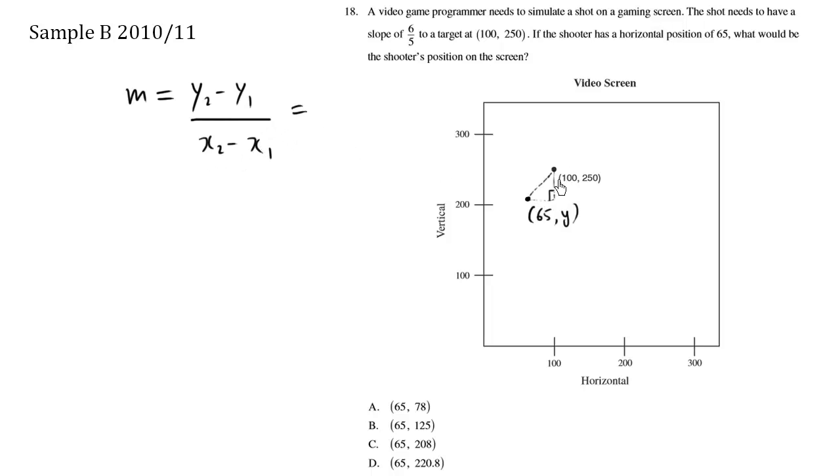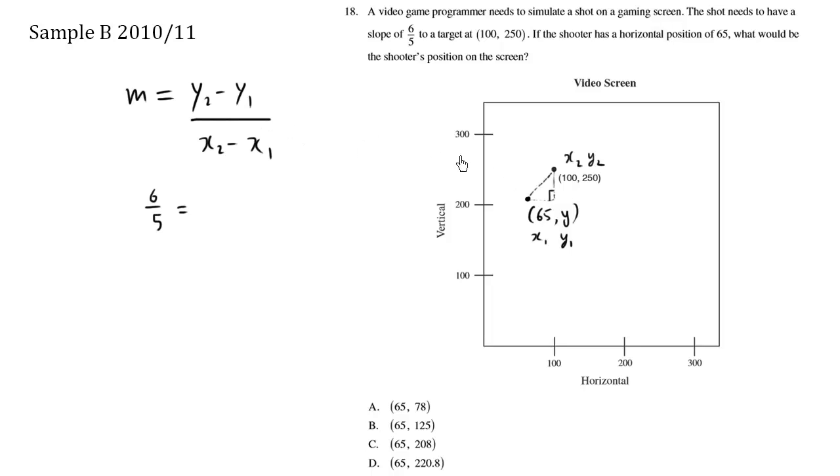So we're looking at this triangle here, and we know that the slope, given as 6/5, is equal to y2. I'm just going to make this point my x2, y2. I'm going to make this my x1, y1.